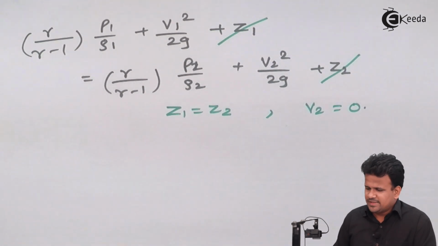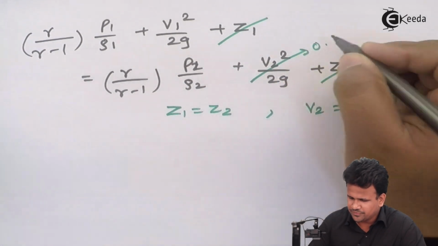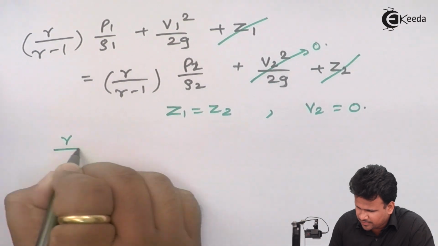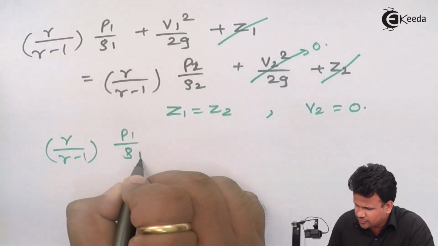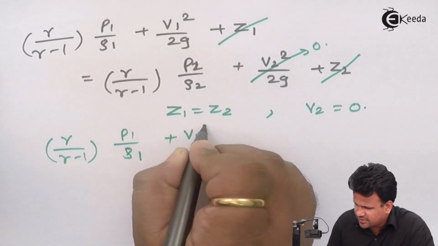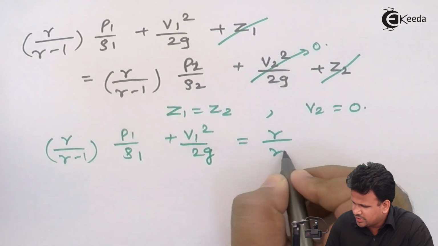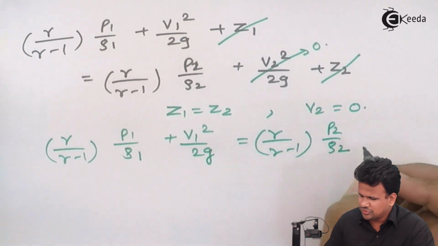So over here V2 will be equal to 0, so this part tends to 0. We will have the equation as gamma upon gamma minus 1 into P1 upon rho 1 plus V1 square by 2g is equal to gamma upon gamma minus 1 into P2 upon rho 2.